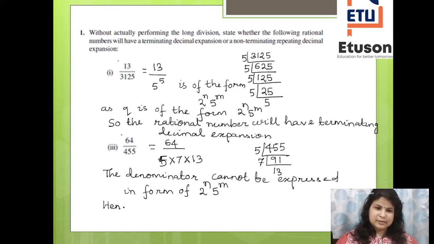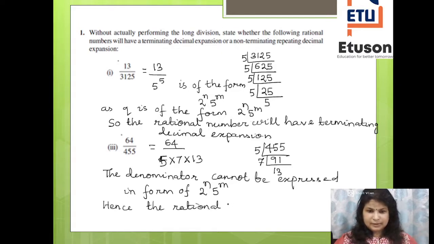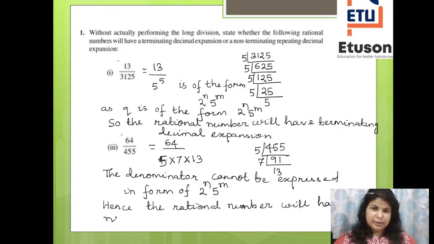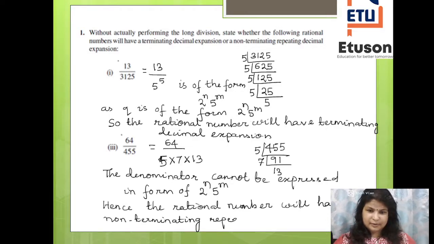Hence the rational number will have non-terminating repeating decimal expansion.